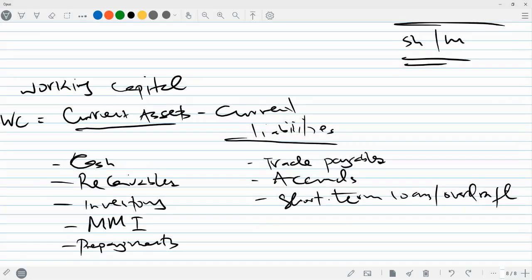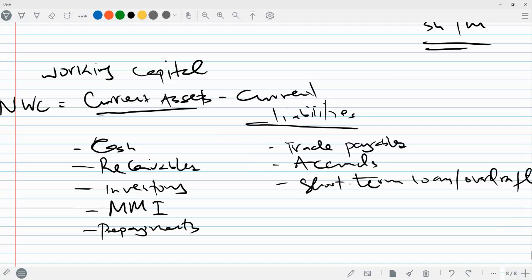So therefore, when it comes to working capital management, what you're doing is the management of the components of the working capital, the components of current assets and the components of current liabilities. Now, in this topic, we are not going to discuss all this. We shall discuss how we manage cash, how we manage receivables, how we manage inventory, as well as how we manage trade payables.